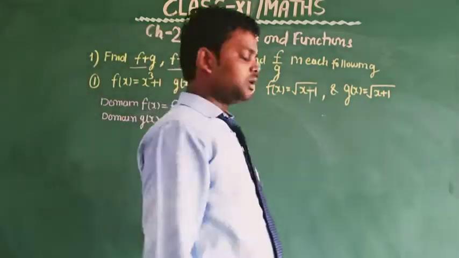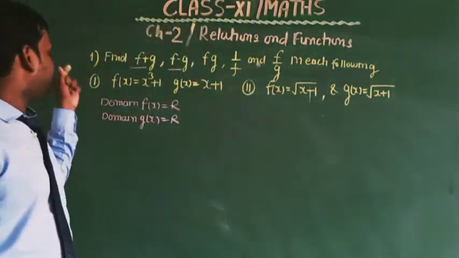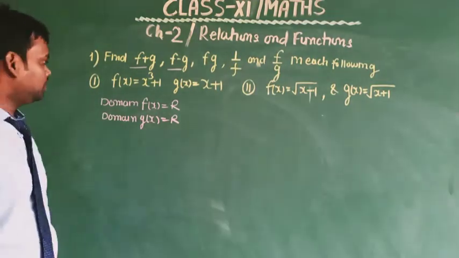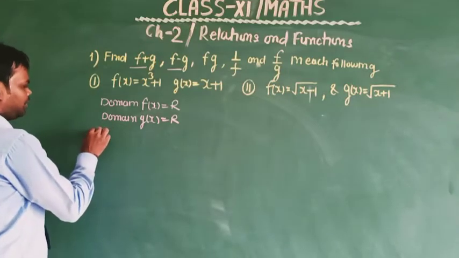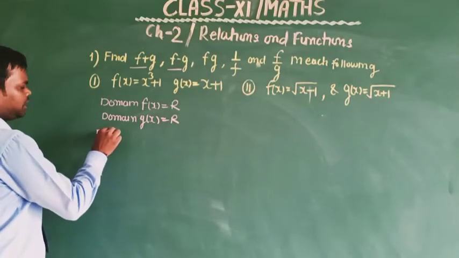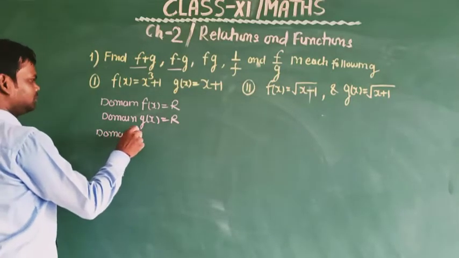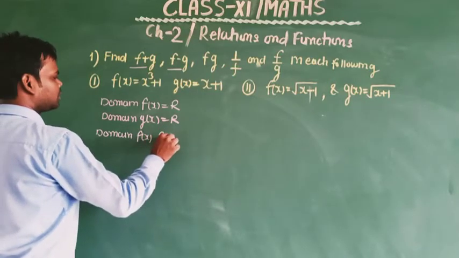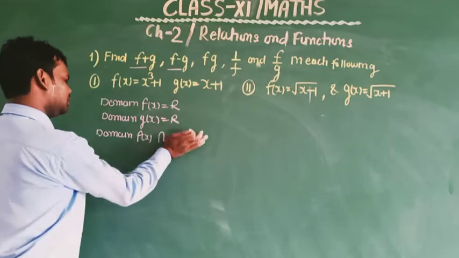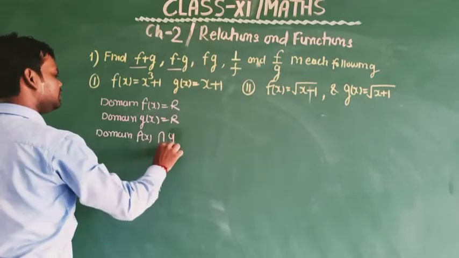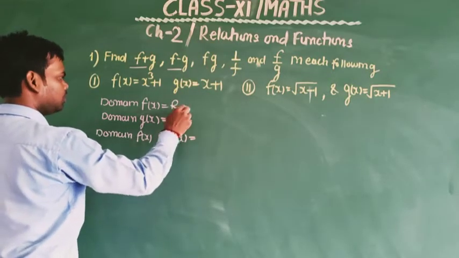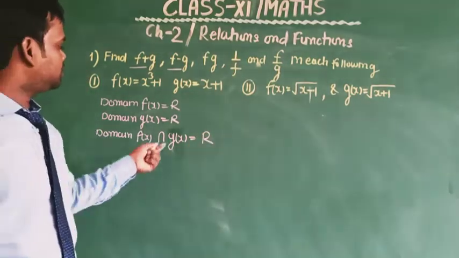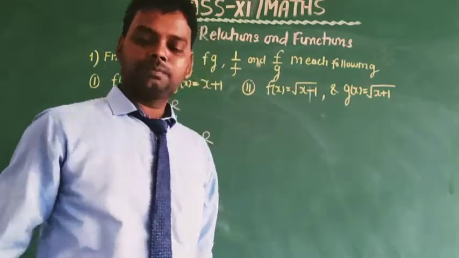Now taking the intersection of the domains of f(x) and g(x), the intersection is also the real numbers.